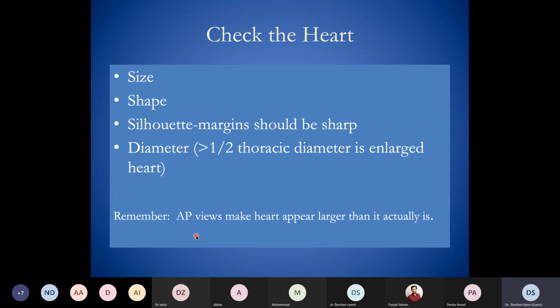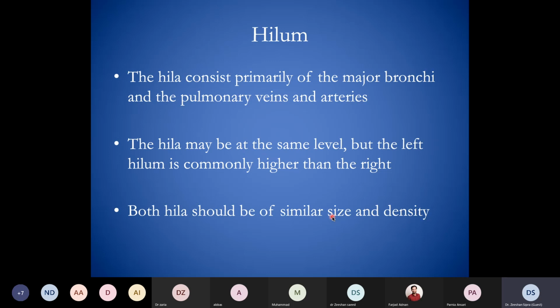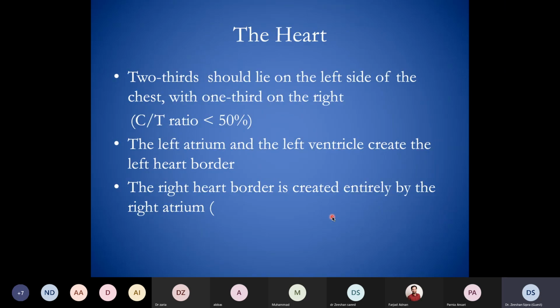Coming to the size first, there's a point that makes it easier to remember: heart size on an AP radiograph appears larger than it actually is. So I would recommend you remember what the size should be. For the size, this is the cardiothoracic ratio.